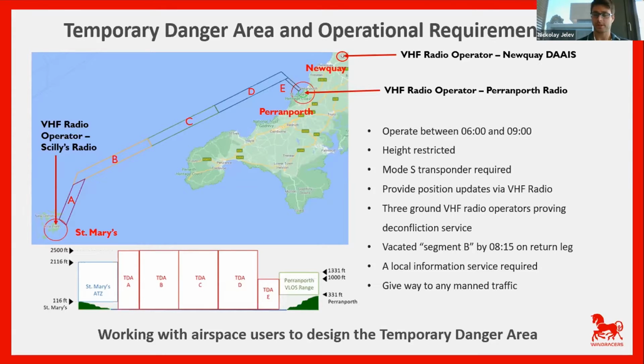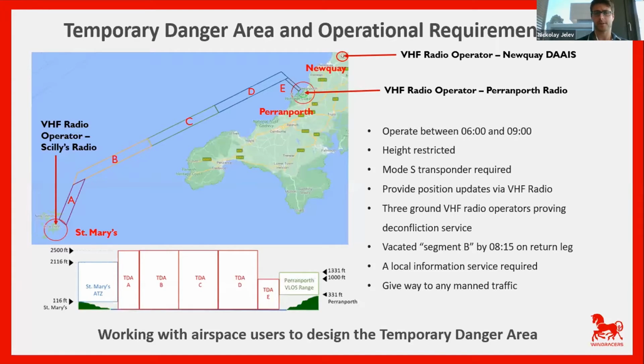Once we took off, the aircraft would transition to segment E, and we would hand over to a radio operator at Newquay that would track us on radar, mode S, and that would provide deconfliction services in segments E, D, and C. When we transitioned between segments C and B, we would hand over to a third radio operator, a ground-based radio operator that has got nothing to do with the aircraft, but rather the airfield's infrastructure.